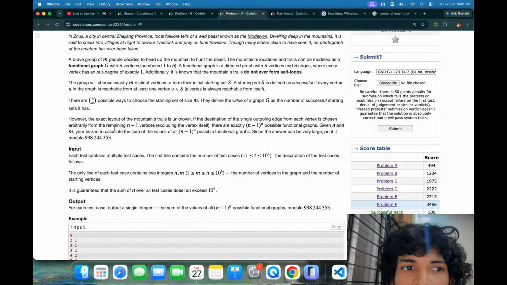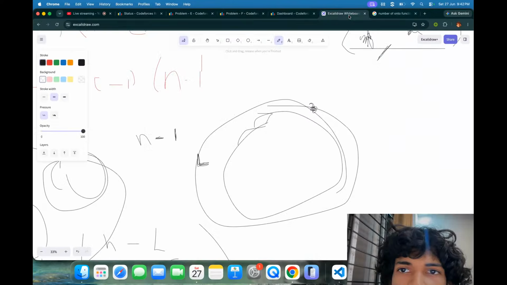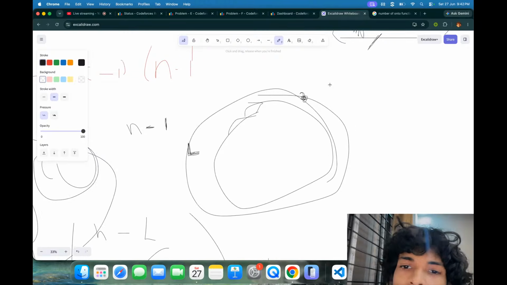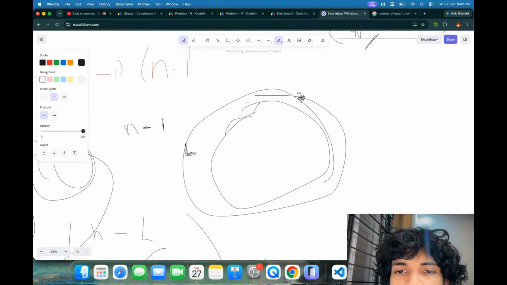For each vertex chosen arbitrarily from the domain and also in itself, given n and the sum of values of all. I think the number of successful ones seems bad now.